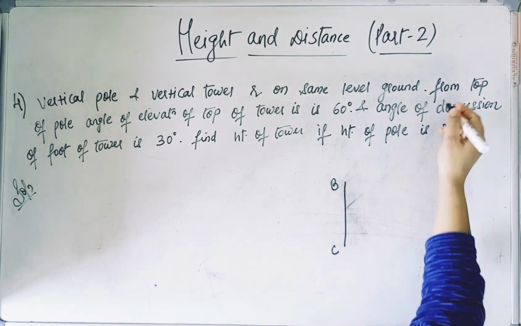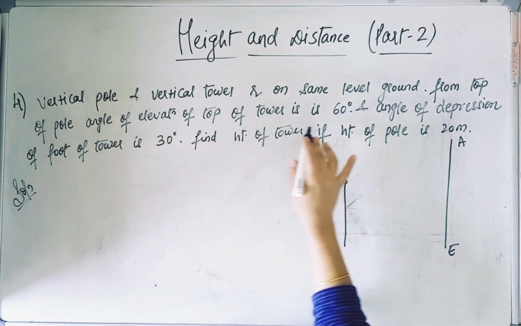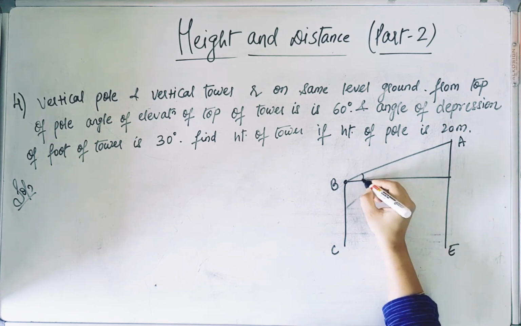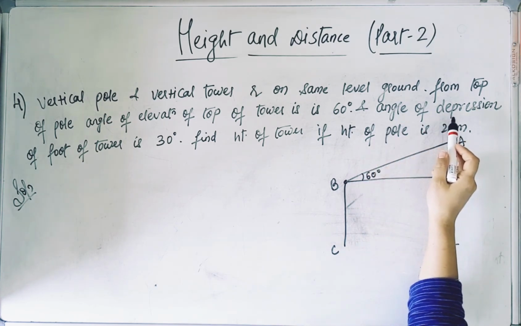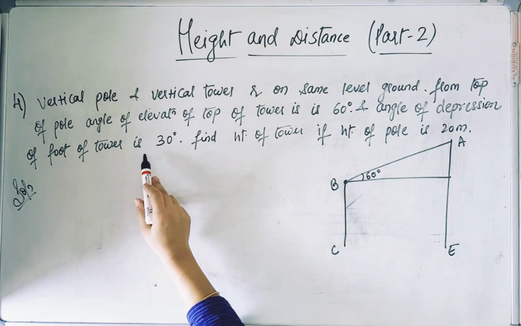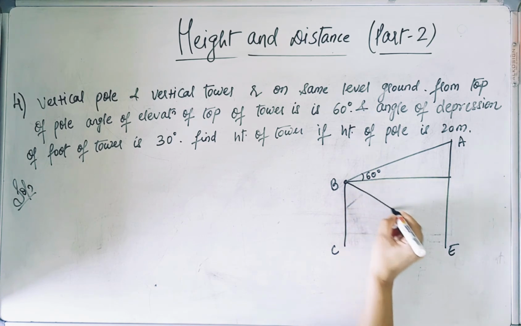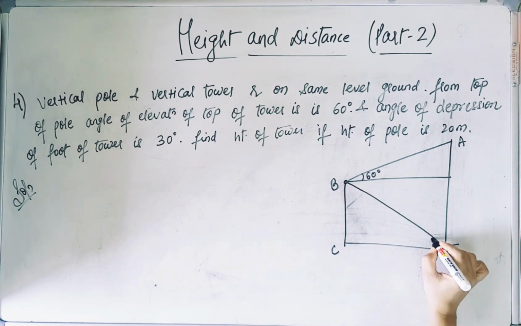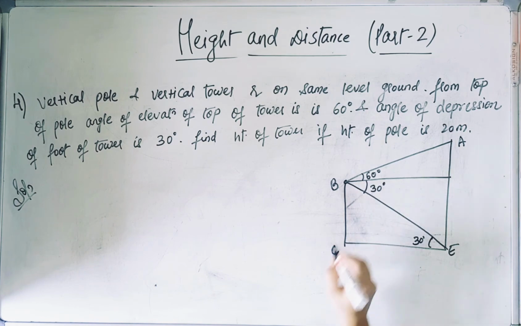Now they are saying from the top of the pole, the angle of elevation of the top of the tower is 60 degree, and the angle of depression of the foot of the tower is 30 degree. That means obviously from the foot, the angle of depression is 30 degree. So this angle will be 30 degree, because this angle of depression is 30 degree.